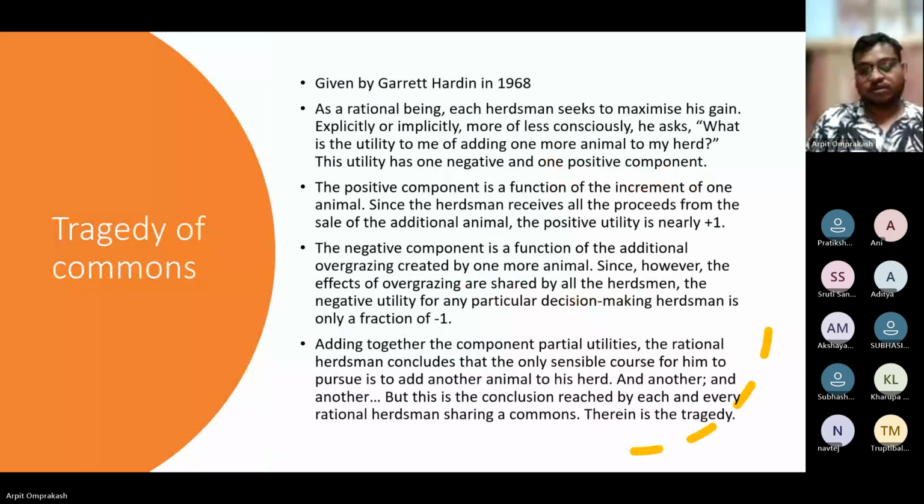Okay. So next we discuss something called the tragedy of the commons, which was a theory given by Garrett Hardin in 1968 in one of his essays. So basically what he said is, I'll just read it out and then we'll talk about it. So we are talking here about people who are herding.